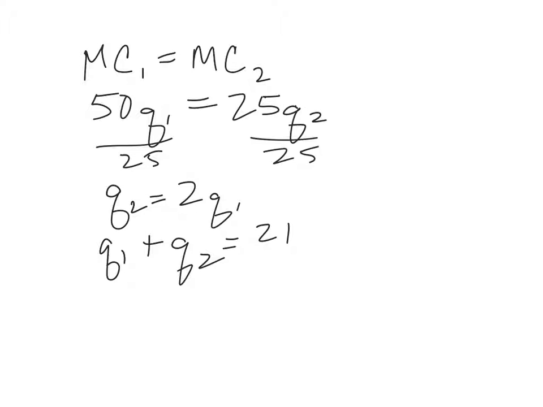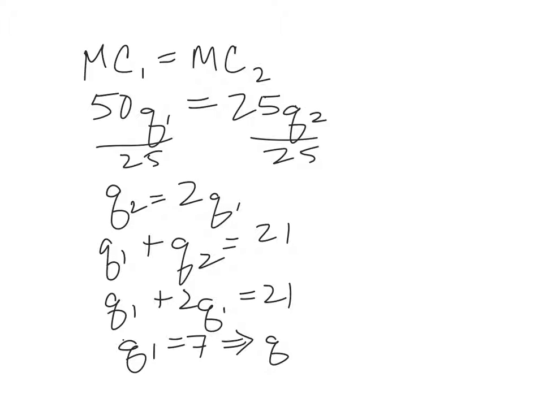Well, we can substitute 2Q1 for Q2. So Q1 plus 2Q1 is equal to 21. That's 3 times Q1, so Q1 is equal to 7. And that means Q2 is equal to 14.